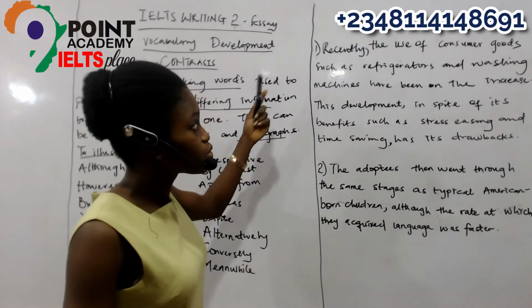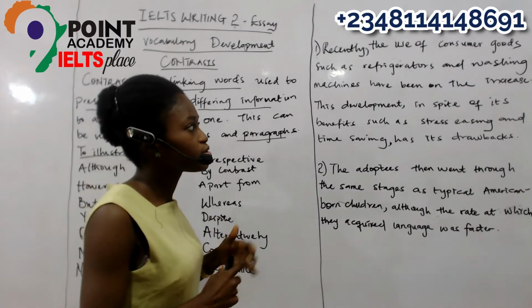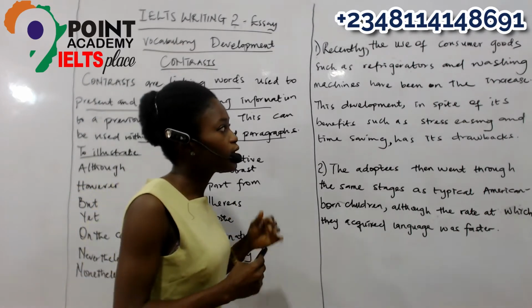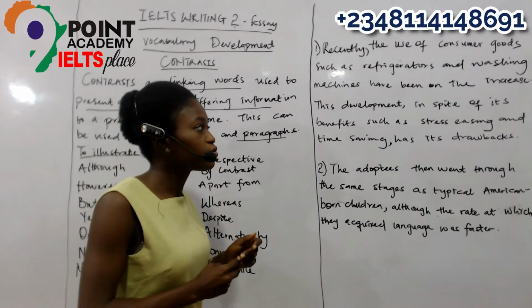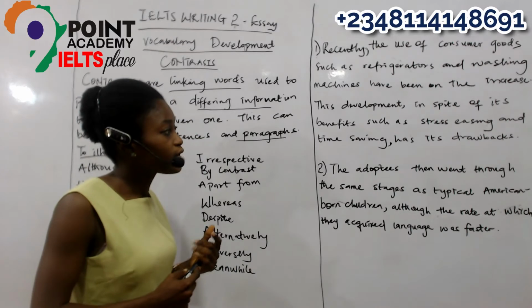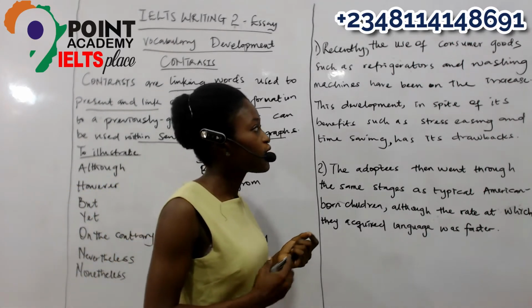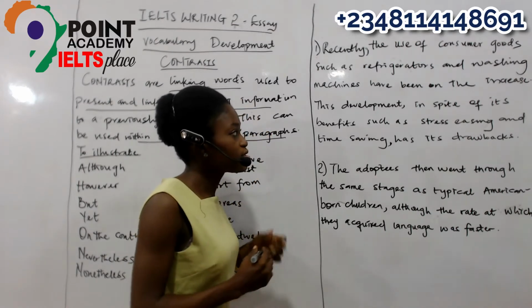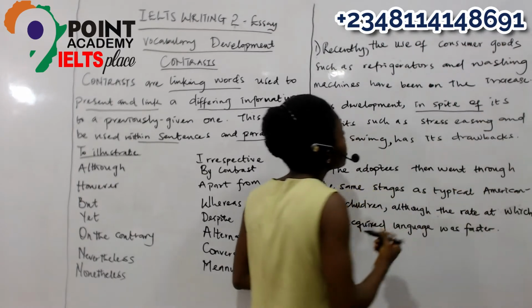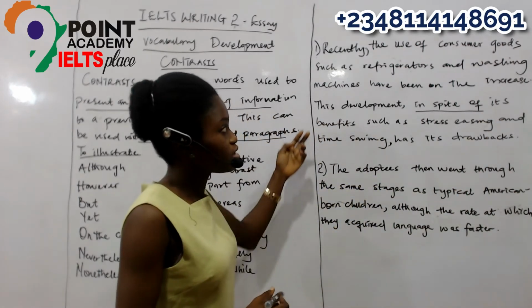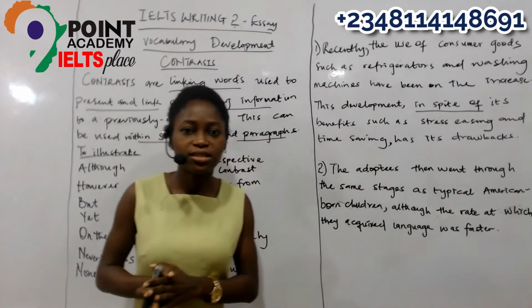Now these are samples. You have the first one. Recently, the use of consumer goods such as refrigerators and washing machine have been on the increase. These developments, in spite of its benefits, such as stress easing and time saving, has its drawbacks. Now, the use of contrast here is saying, in spite of, you're saying that the development, that is the use of consumer goods, has its advantages and disadvantages.